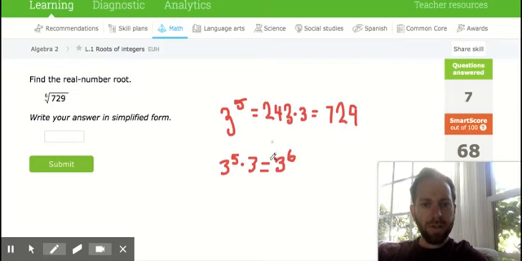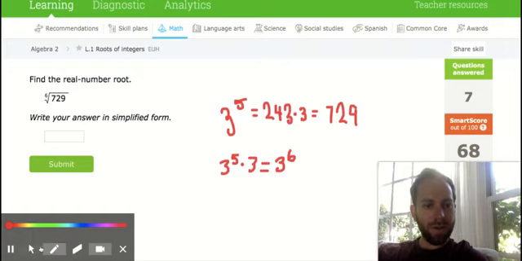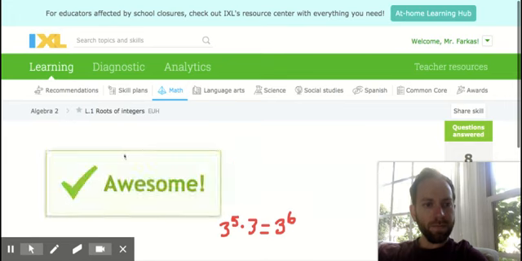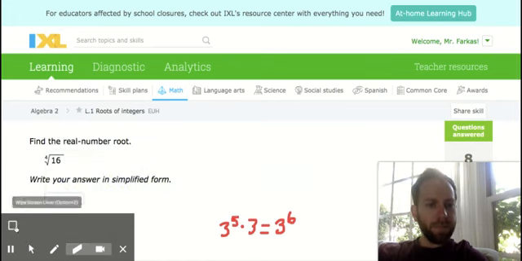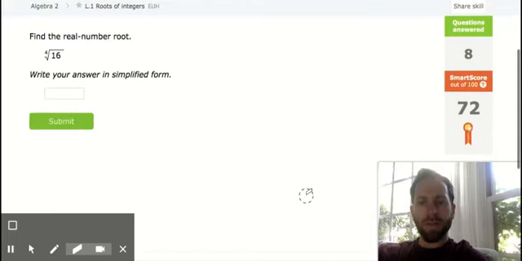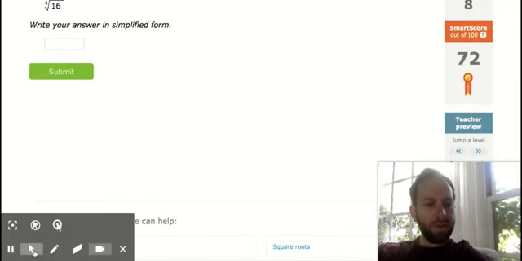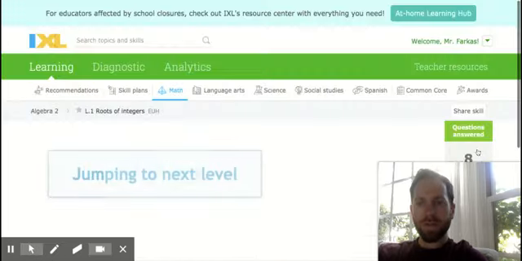So here you can see how these numbers are all related. The 6th root of 729 equals 3, because 3 to the 6th power is how you get that. So it is a guess and check method, but once you start seeing patterns, you don't have to guess and check any longer.